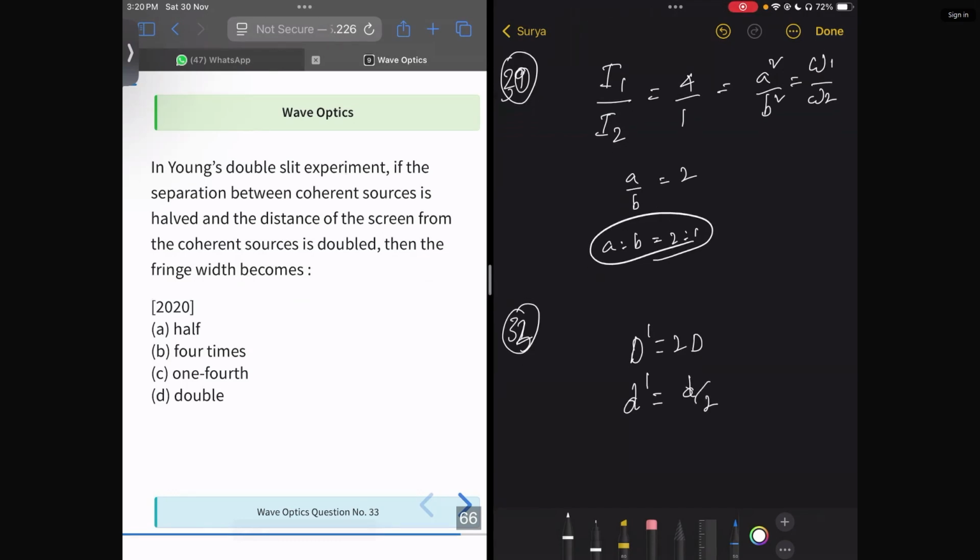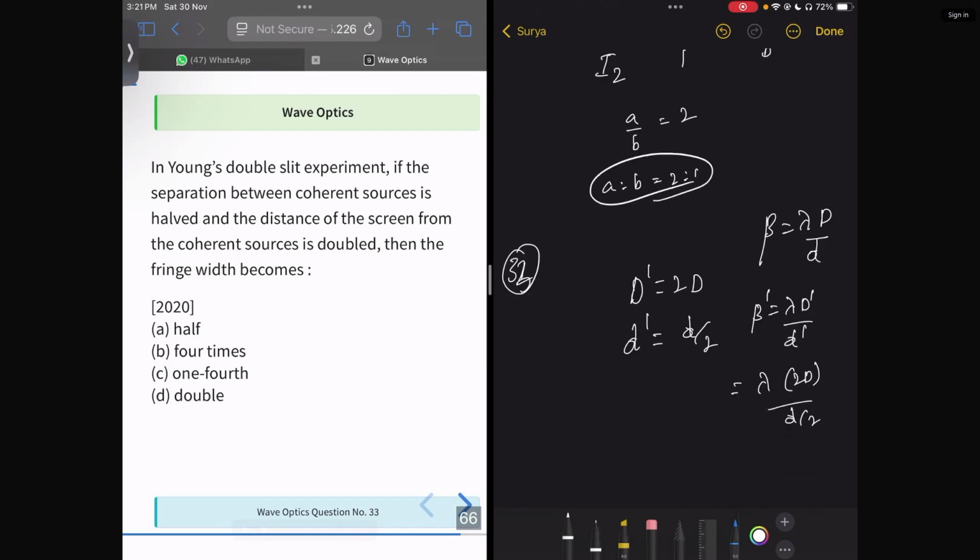But we know the fringe width is lambda capital D by small d. So the new one is lambda D dash by d dash. It will be lambda 2D divided by d by 2. It will be 4 times the previous one. So 4 times, option B.